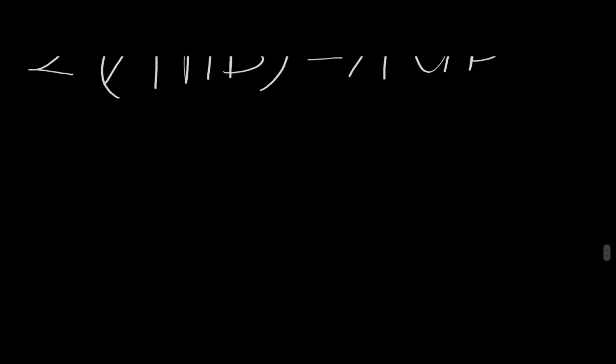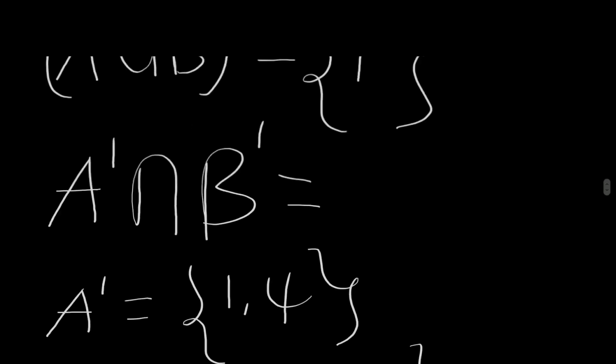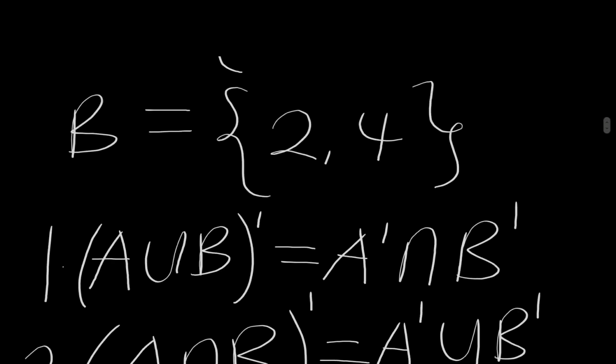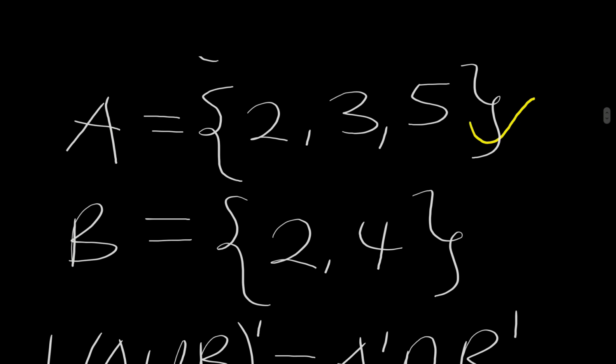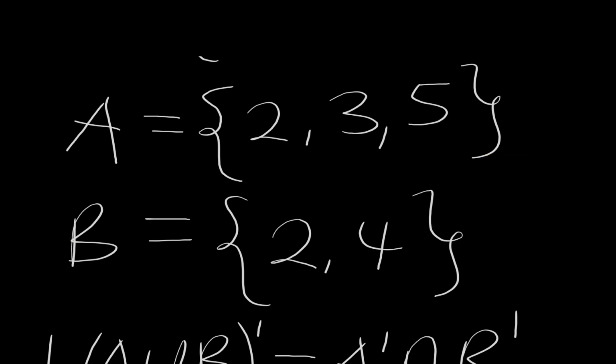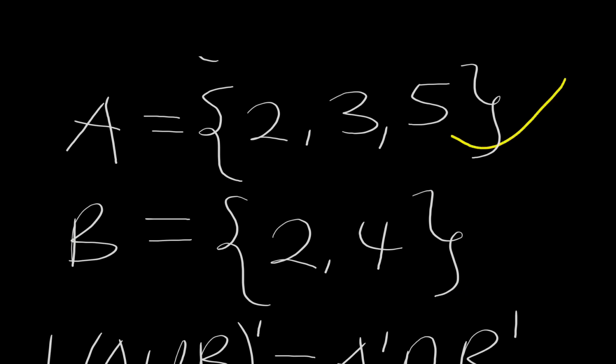So we have A intersection B to be equal to, so let's go and look at set A and set B. It means that all the elements that can be found in set A and can also be found in set B are the elements that we are going to write in A intersection B. So which elements are found in A and also found in set B?